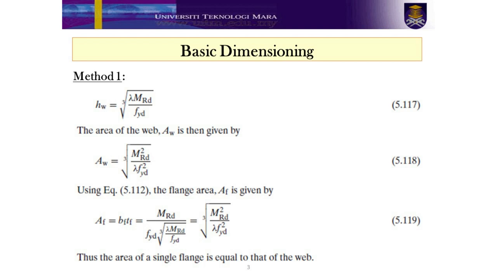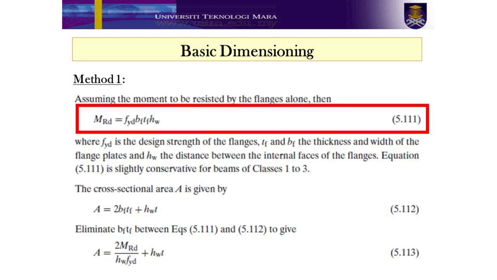If you are looking at our PowerPoint or our video lecture, the thickness of the flange comes from equation 5.11, given that MPLRD is equivalent to FYD, BF times TF times HW.